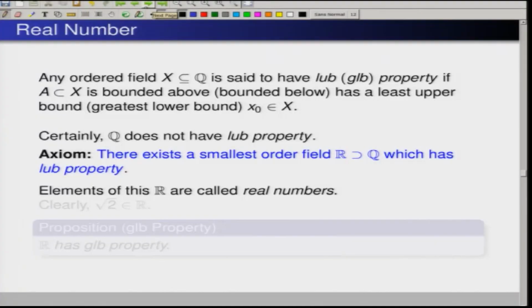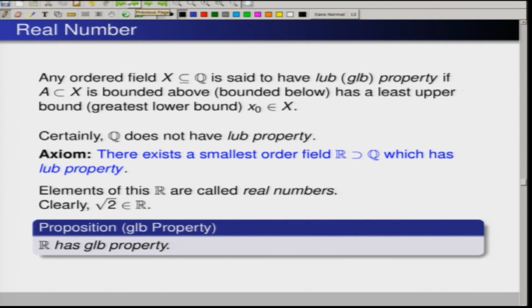So, any element of that ordered field we call a real number. Definitely root 2 belongs to the real numbers, and one can show that once R has the least upper bound property, automatically it is going to have the greatest lower bound property.